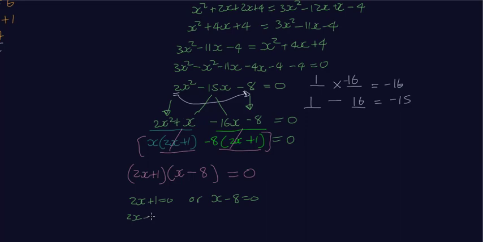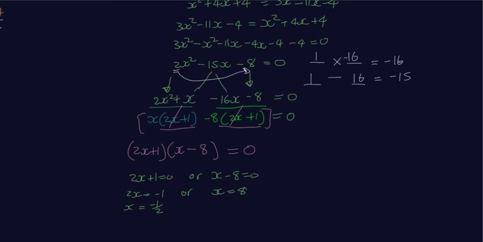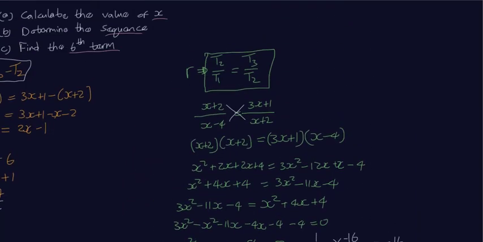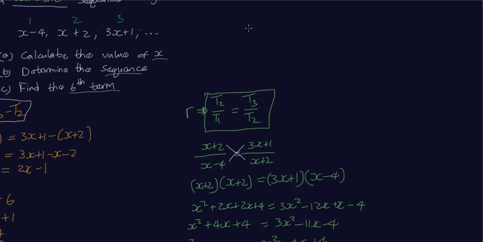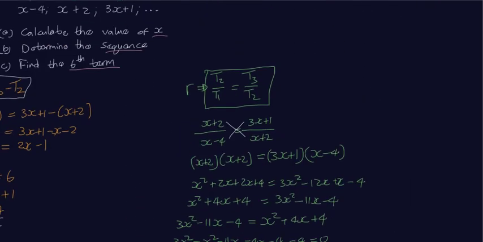So 2x equals minus 1, so x equals negative 1 over 2, or x equals 8. So here we have two values for x, which means our sequence is defined. The values are x equals minus 1 over 2, and x equals 8.